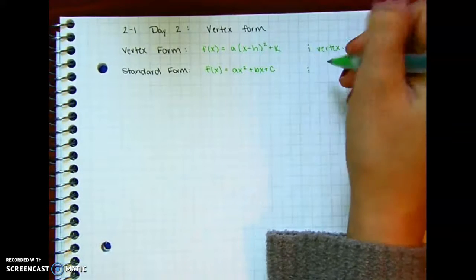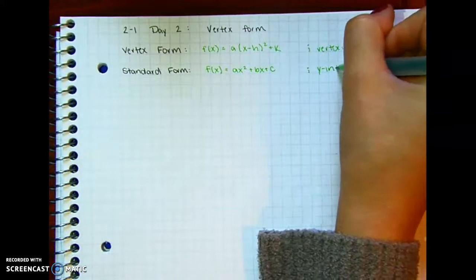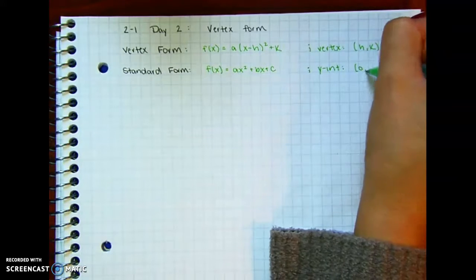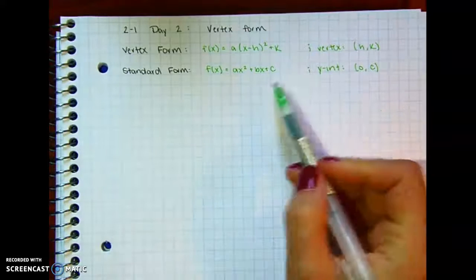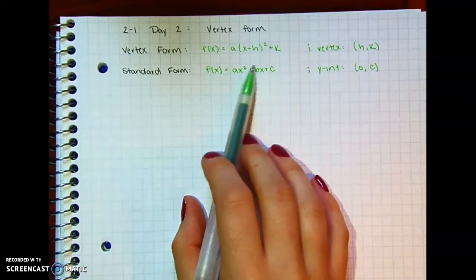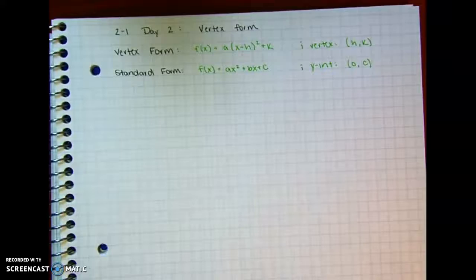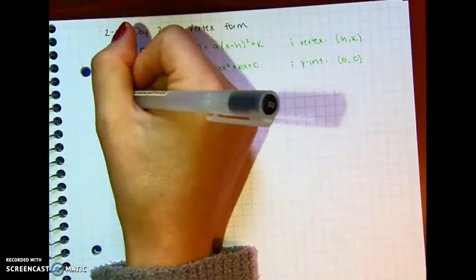And the thing that's neat about standard form is it gives us the y-intercept, which is (0, c). Because if we substitute 0 for x, this will cancel, and we're just left with c. So today we're going to work on going from the vertex and a point to our answer, and then how to also go to standard form.